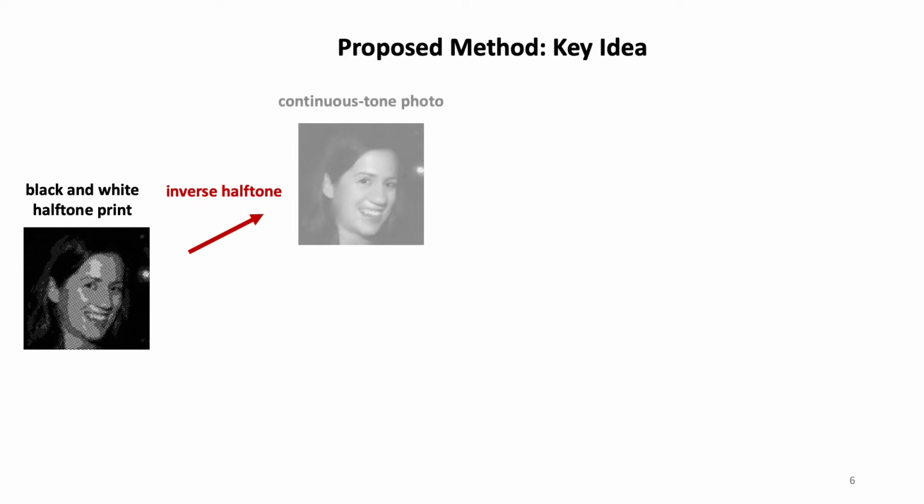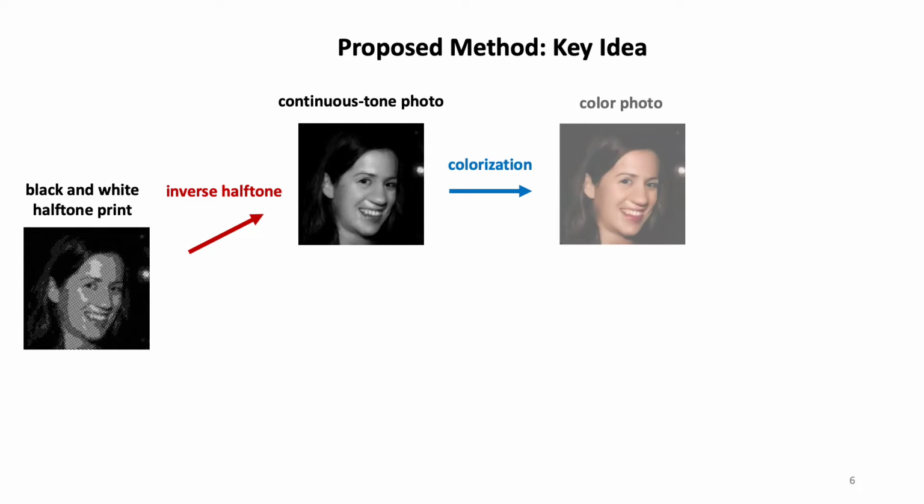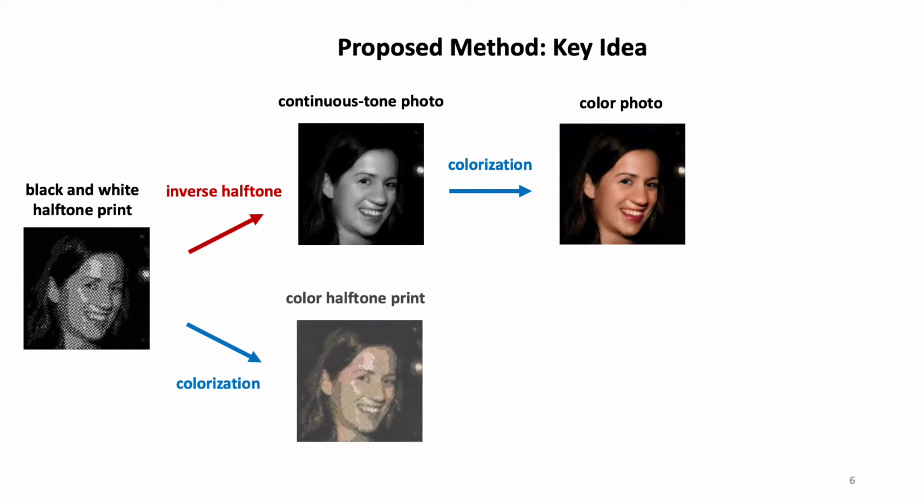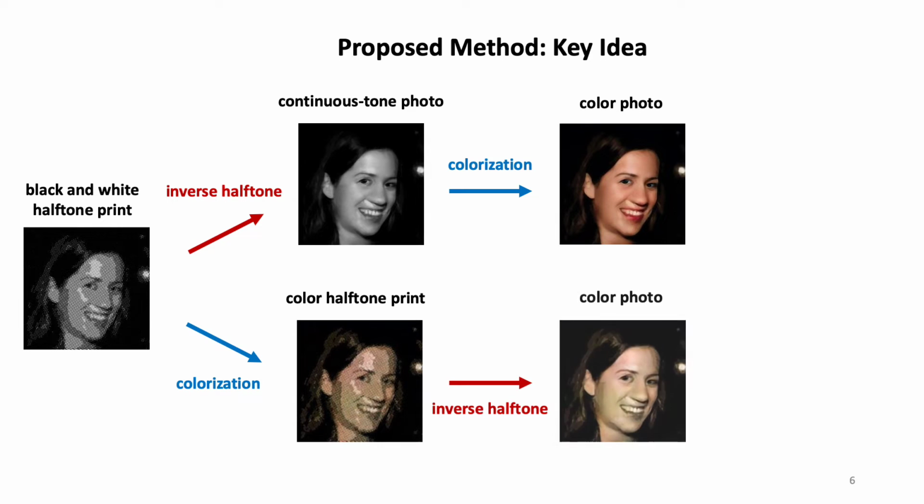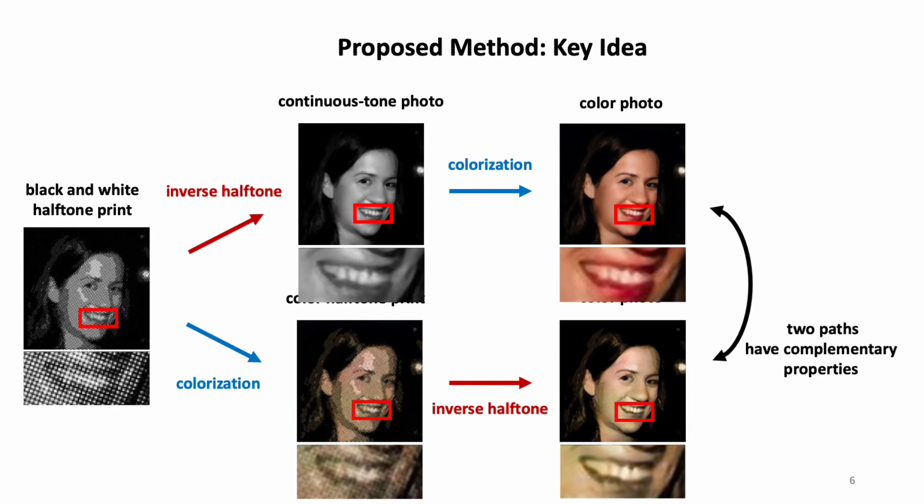Without loss of generality, for realizing the inverse halftone colorization, we can first perform inverse halftone and then apply colorization, or in the opposite order, first perform colorization and then apply inverse halftone. Both orders of cascading seem to be imperfect. We discover that the results from these two orders actually have complementary properties.